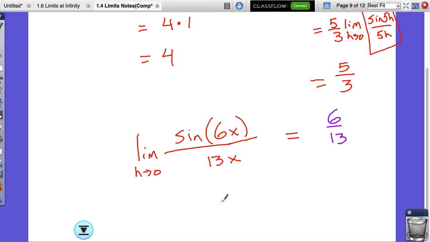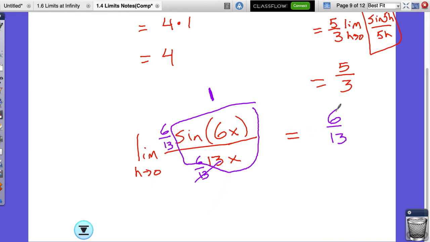What happens to the sine? Does the sine just go away? Well, because when you multiply by the 6 over 13, this becomes 6x on the bottom. And the reason why it works is because this is the sine of something over the same something. And that whole box there turns into 1. And then you just also have this random 6/13 out there.